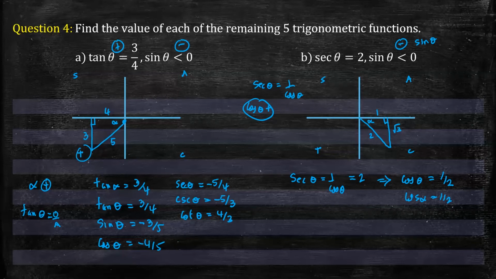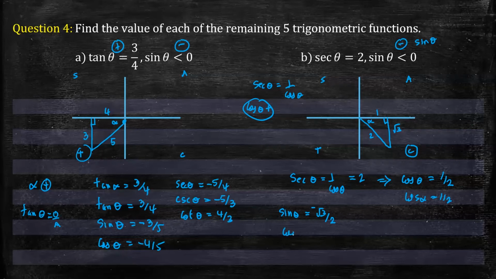So what do we have then? We've got sine theta. So let's write that down. So sine theta is opposite on hypotenuse. So √3 on 2. But notice that cos is positive here. Sine is negative. So sine would be √3 on 2, but it's going to be negative because sine theta is negative in this quadrant.